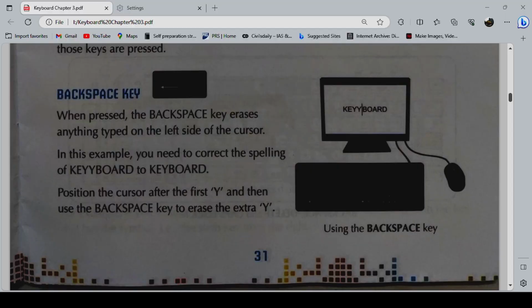Do you have any question? Delete this. Okay, this is the cursor here. So if I press backspace, this will erase the letters or words to the left. Okay, these are to the left, not to the right.